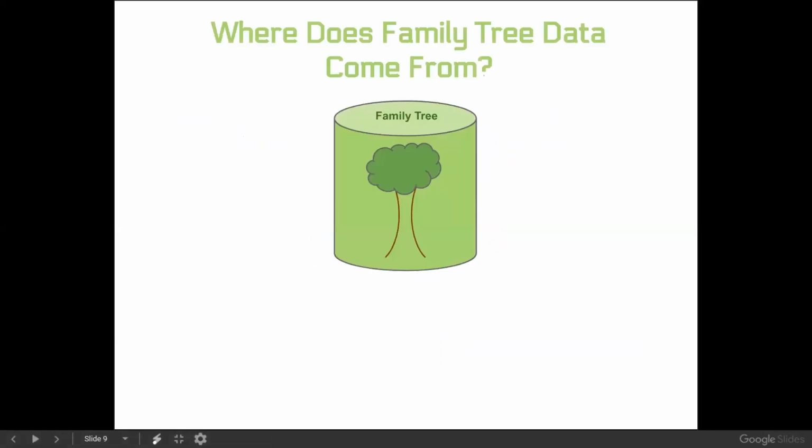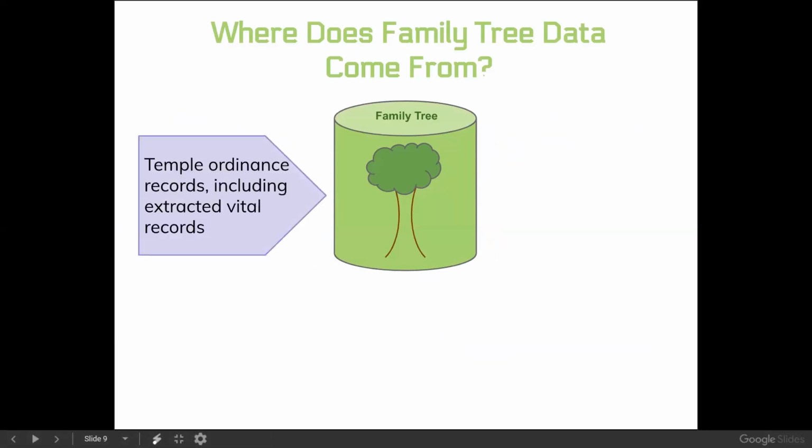In order to understand why there's so many duplicates in Family Tree, it helps to understand where the data came from. And there are three main sources. The original source, before it was even called Family Tree, was a collection of temple ordinances done by the members of the Church of Jesus Christ of Latter-day Saints, and it also included extracted vital records.